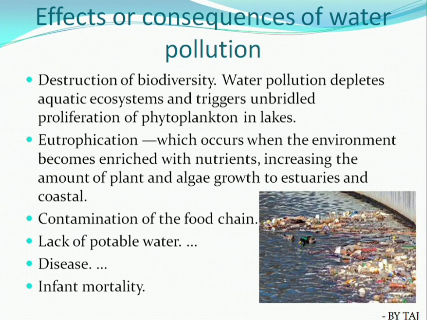Eutrophication occurs when the water becomes enriched with nutrients. Excess nutrients released into the water bodies eventually form algal blooms.